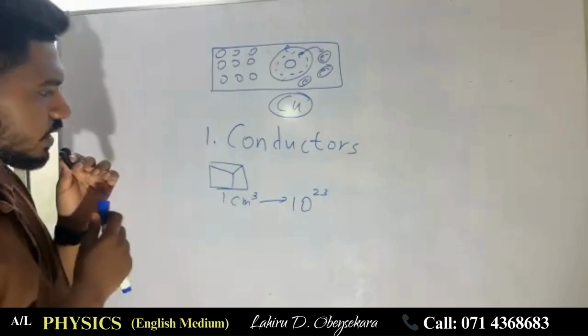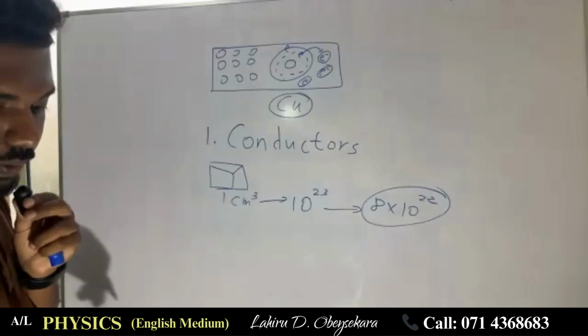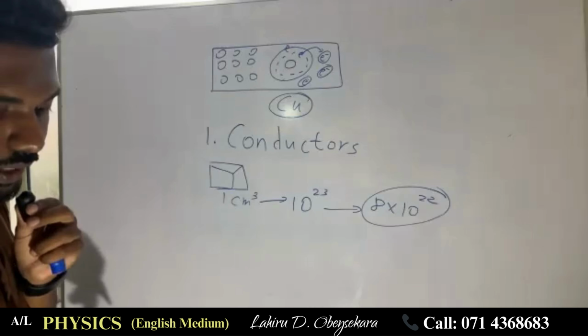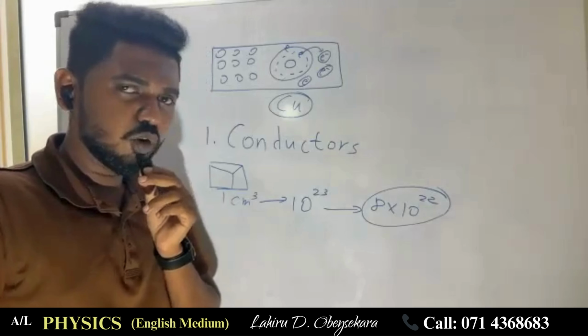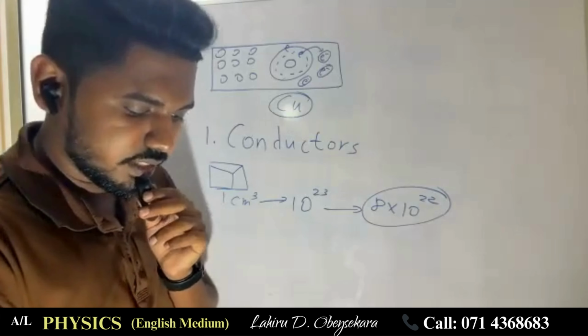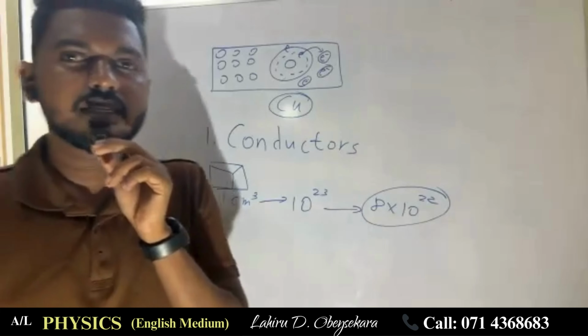When we consider 1 cubic centimeter of copper, it contains 8 into 10 to the power 22 free electrons. So copper, aluminium, ferrous, that kind of metals we can take as conductors.